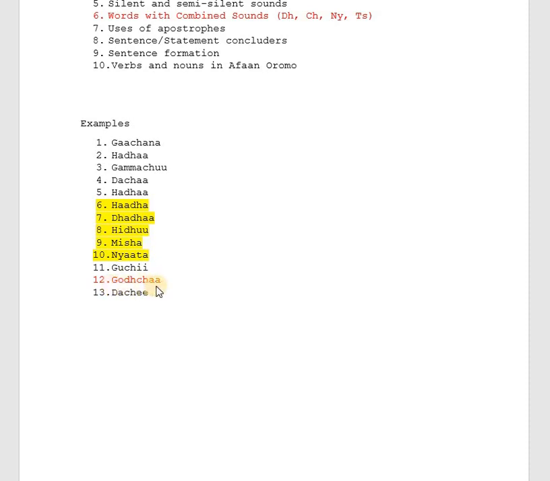Gocha, some may disagree with me here. Maybe most people write it like that, but if we take gocha, the stem word is gote, so it should be written like that. We'll come to that rule in advanced Oromo, but for now you can write it like this one or like this one.